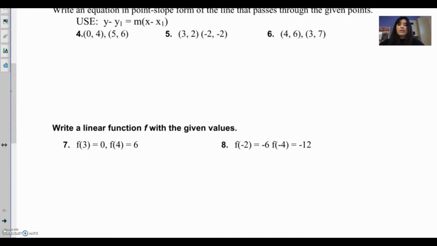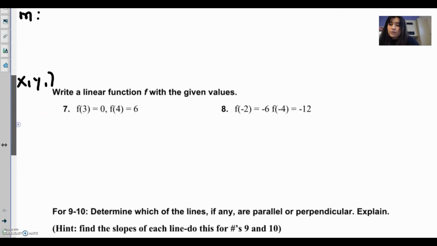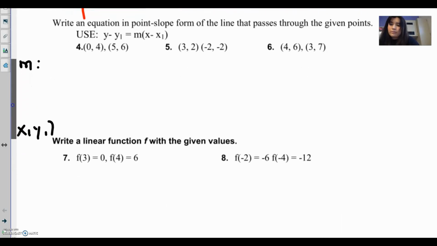This next one, write an equation in point slope form of the line that passes through the given points. So we need to look at this, and we need m. And we're going to need an x1, y1, because we're using point slope form.